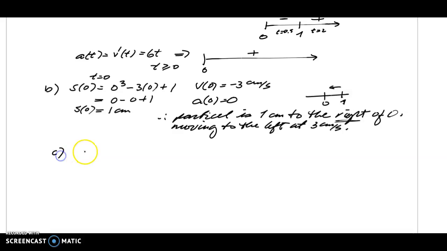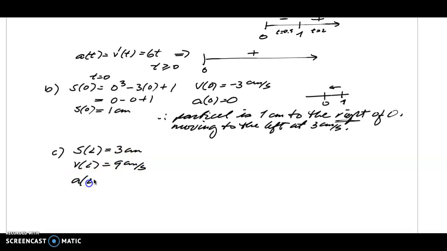C, what we want here is to describe the motion at 2 seconds. Well, then we're doing the same thing. Put in at 2 seconds. So when you put it in at 2 seconds, you're going to have 3 centimeters, velocity at 2 is going to be 9 centimeters per second.